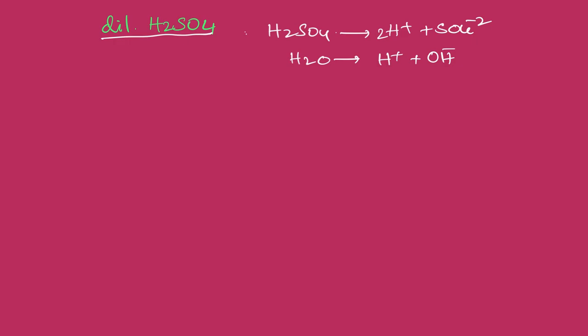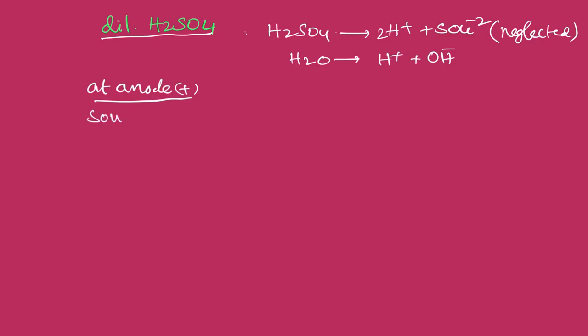Then what happens here? Dilute means this is a negligible amount, neglected. Then which will undergo oxidation and reduction? Water only, at the anode. Anode means positive. Which ions will be here?